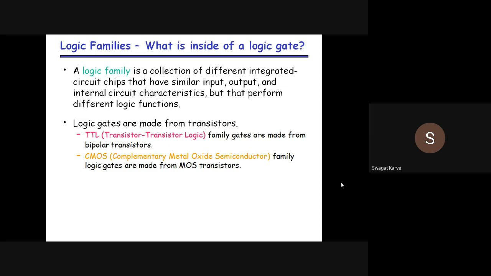For example, in TTL logic, in an AND gate you get the same input and same output. If you apply input to the base of the transistor for an AND gate, for an OR gate also you apply input to the base of the transistor, and the internal circuit is also the same, a transistor. The output is also the same: you take output from the collector for the AND gate circuit and for the OR gate circuit also, right?